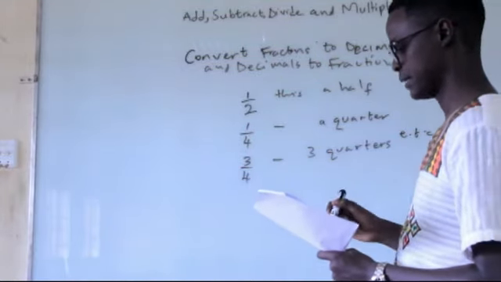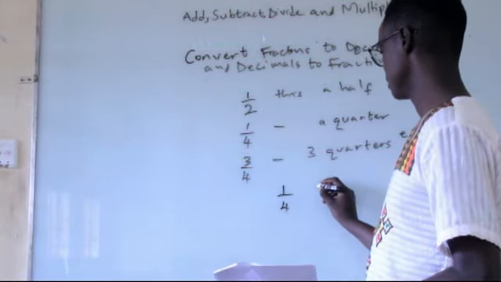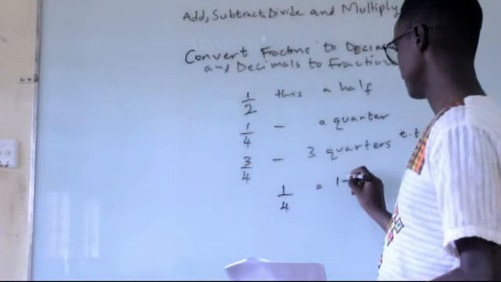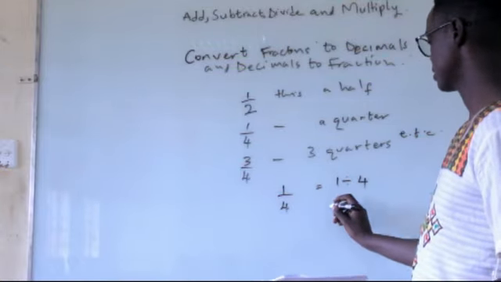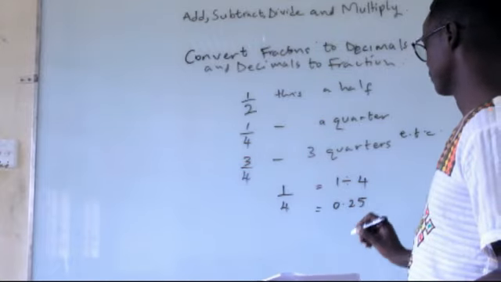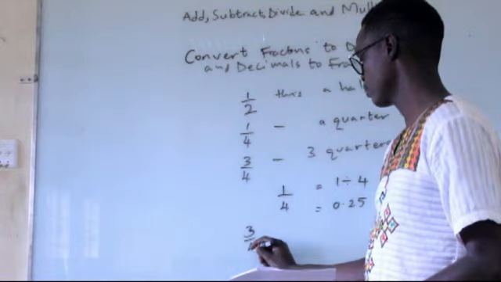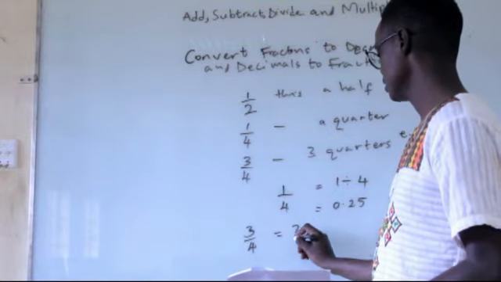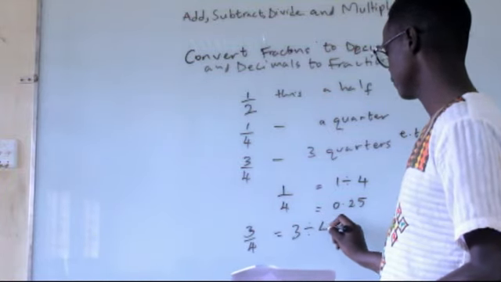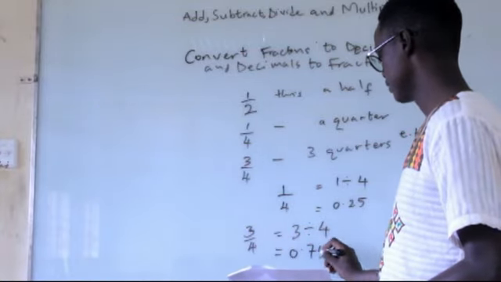Now, if we are dealing with a quarter, for example, it will mean 1 divided by 4. This is what we know as 0.25. 3/4 is 3 divided by 4, which we know very well as 0.75.